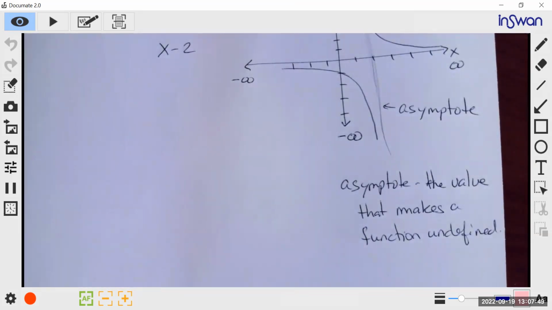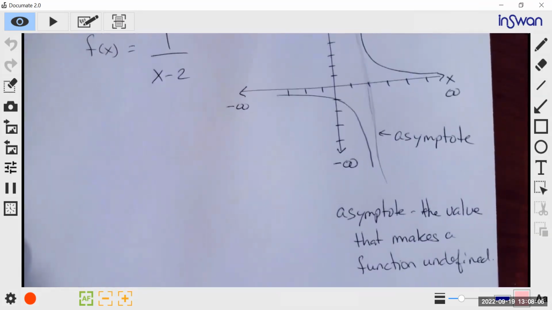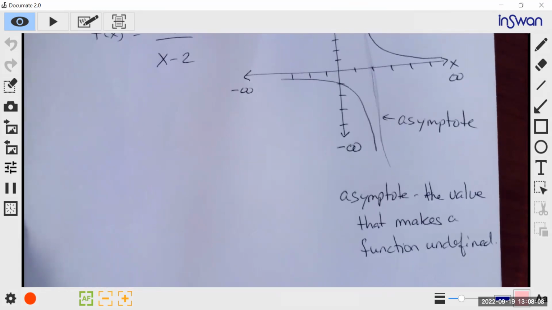An asymptote is basically a value you cannot use. So it's a value that makes the function undefined.